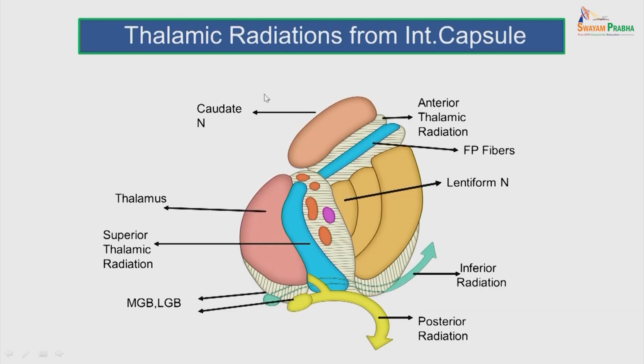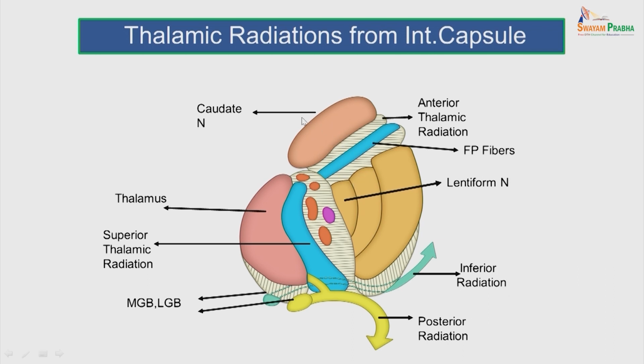Next, we call it the thalamic radiation, the ones that pass through the internal capsule. They are the anterior thalamic radiation, the superior thalamic radiation, the inferior thalamic and posterior thalamic radiation.